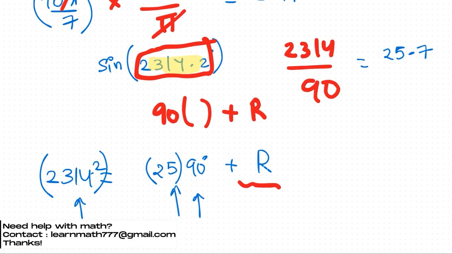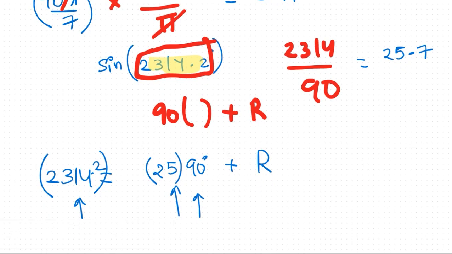How much is the remainder? 0.7. Can you convert that into a fraction? Okay, we can do it like this. 25 nines means 225, so 2250.